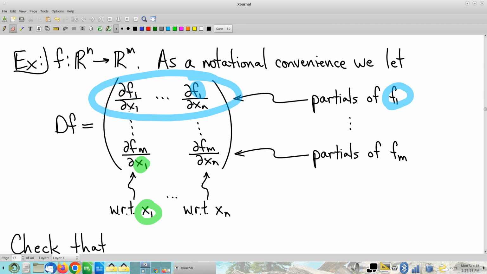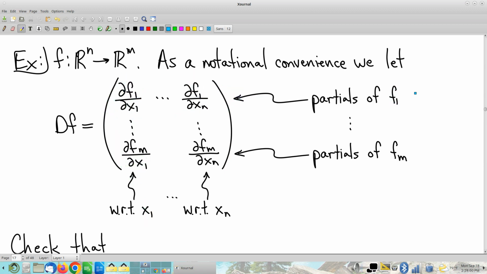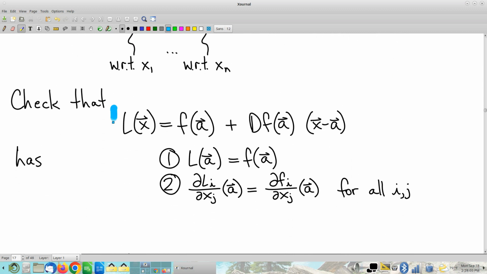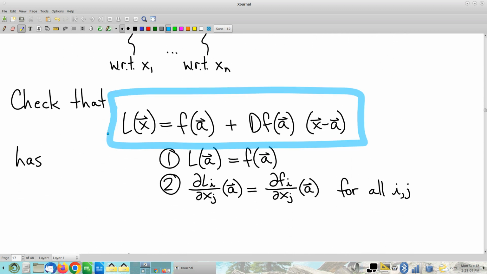Alrighty, with this shorthand notation established, here's the formula for a linear approximation of a vector-valued multivariable function. It's that formula. And again, what do we mean when we say this is the formula? Well, it agrees with f in value, and it agrees with f in all of the partials. But keep in mind, there's a bunch of partials.